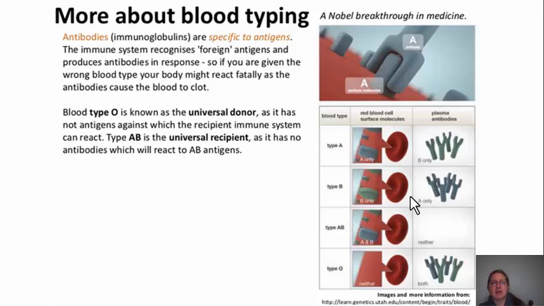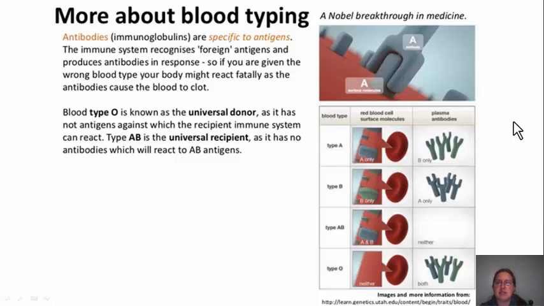Because of that, blood type O is known as a universal donor because it has no antigens which the recipient immune system can react with. Type AB is a universal recipient as it has no antibodies which will react to AB antigens.